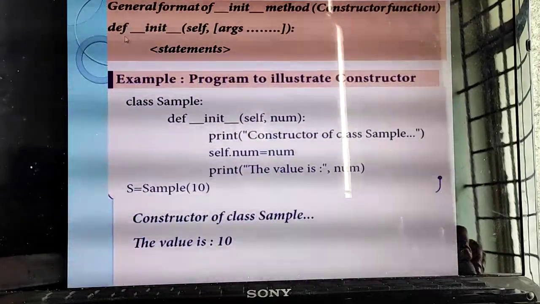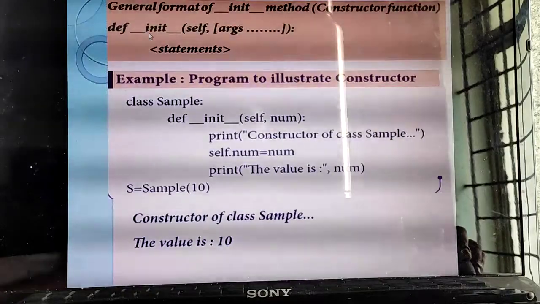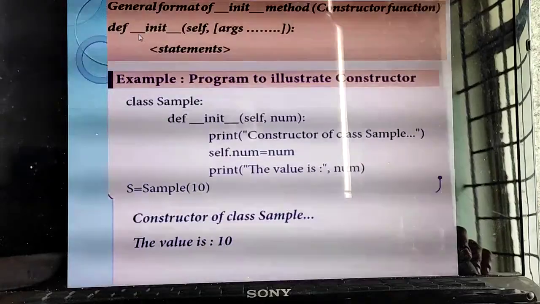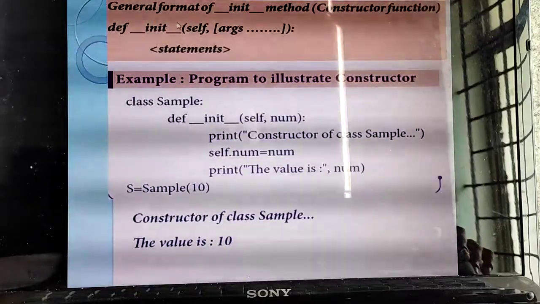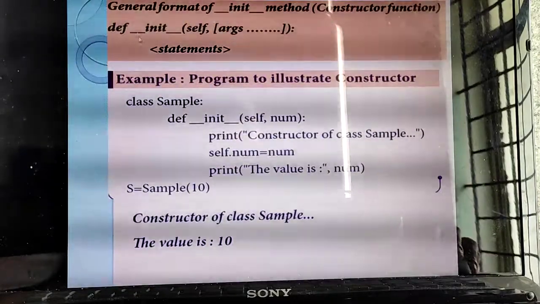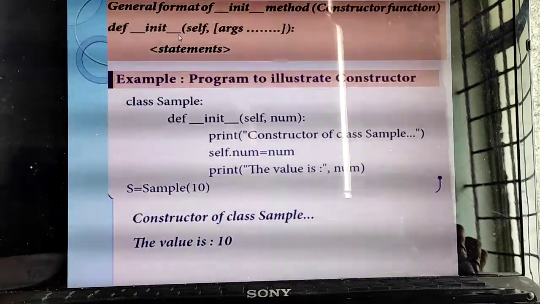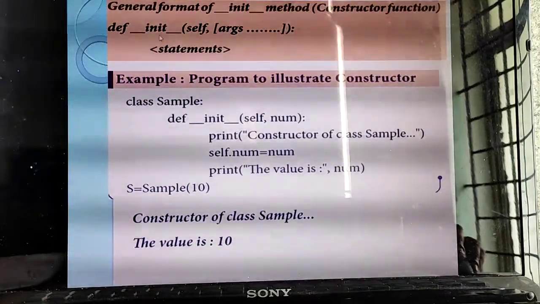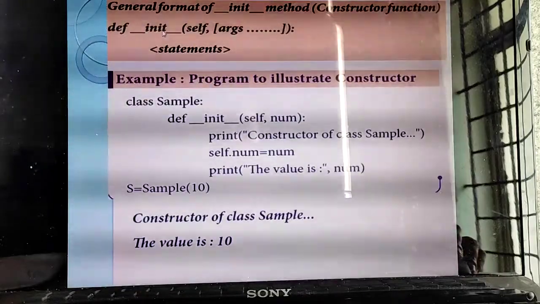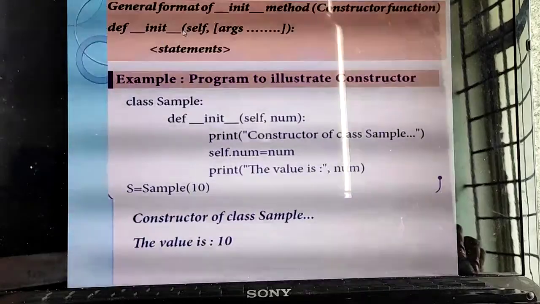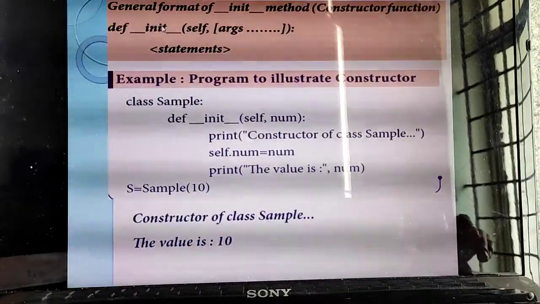Then what is the special function name? Init. This init begins with double underscore and ends with double underscore. See, before the init also underscore is there, after the init also underscore is there. So we can identify this is a constructor function.